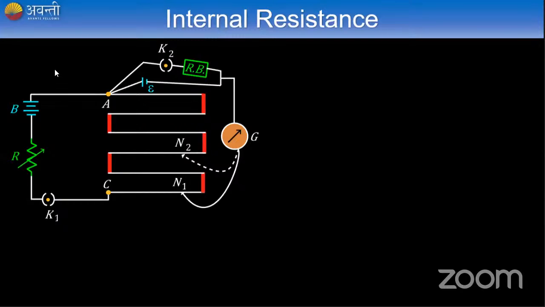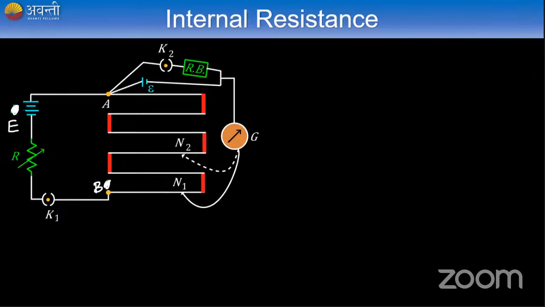But instead of two cells connected, we'll be connecting only one cell, one test cell. In the other arm, we'll be connecting a switch and a resistance box. That's the only difference. We are going to use the same terminologies everywhere.